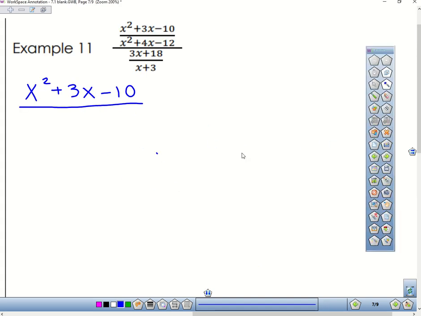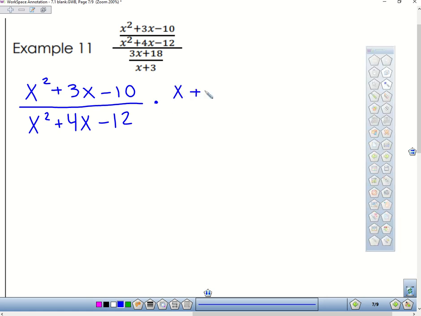Okay. So we do our first one. Is it okay if I ask a question? Yeah, go ahead. And then we flip the second one. And then factor everything.